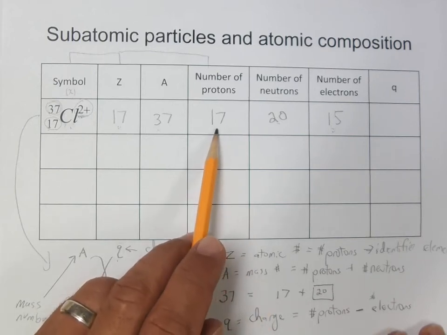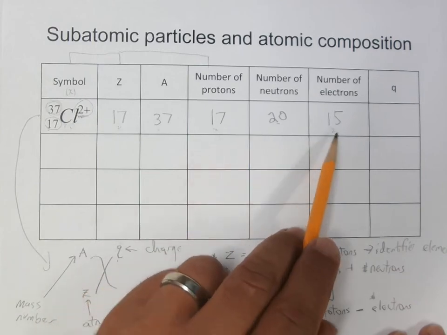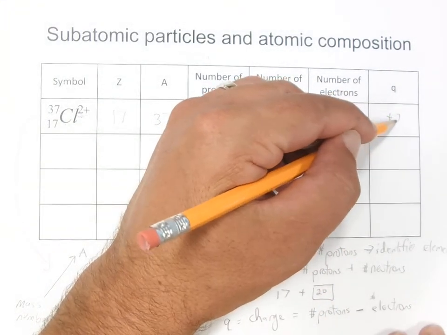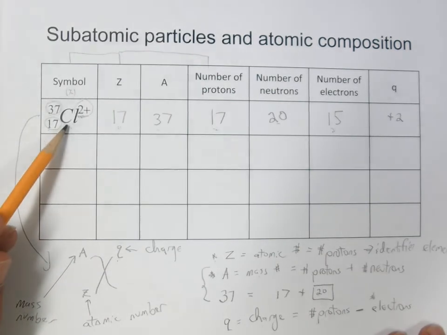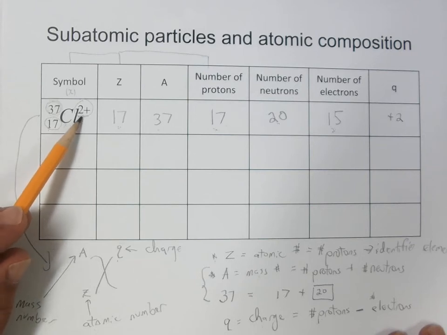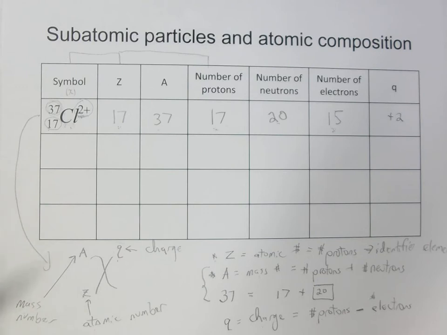So this one, 17 minus 15 is +2. And this is a very peculiar chlorine, because usually chlorine gains electrons and forms chloride, but some maniac has knocked 2 electrons off of this chlorine, making a chlorine 2+.